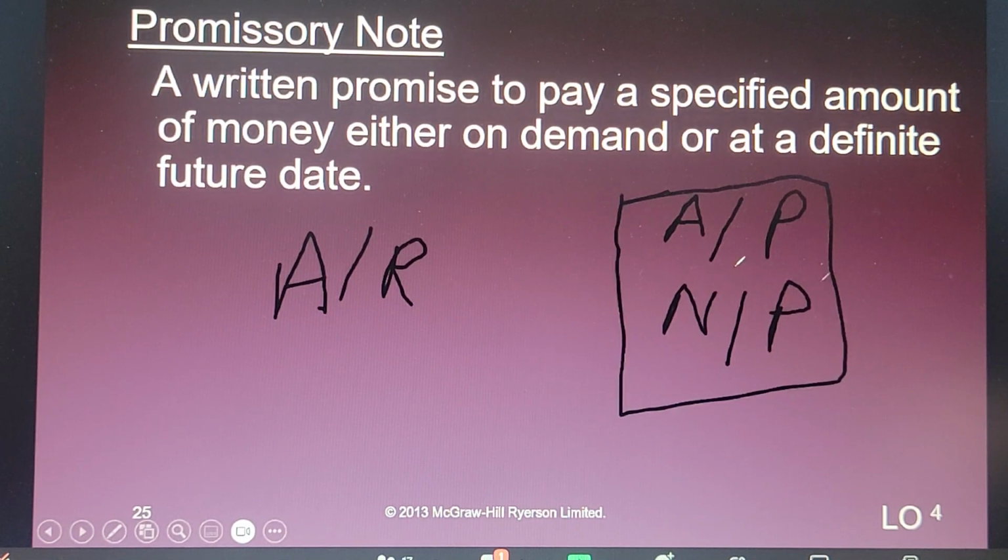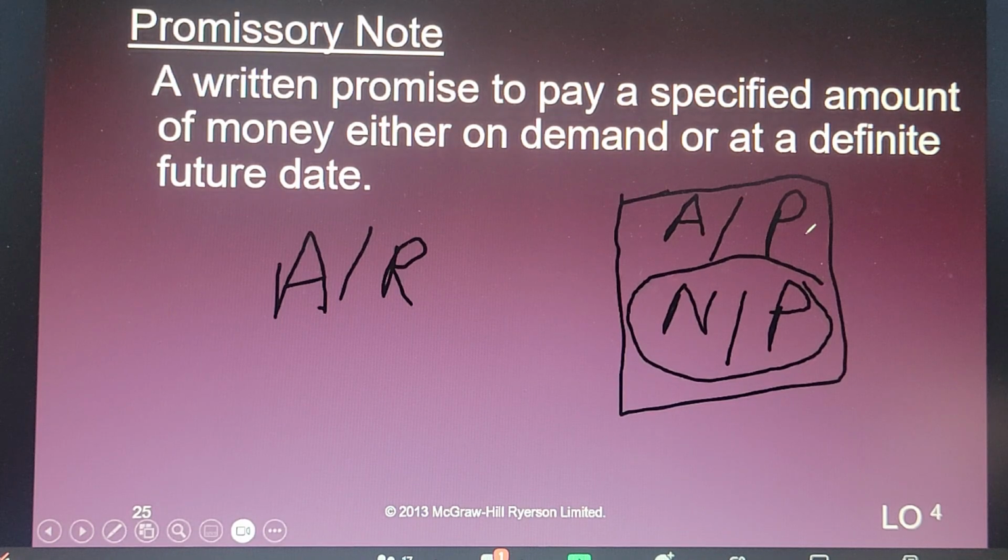And when you asked, I said notes payable, the difference between them and the accounts receivable is they have a relatively bigger amount. Okay. They are longer in time payment, and they bear interest.